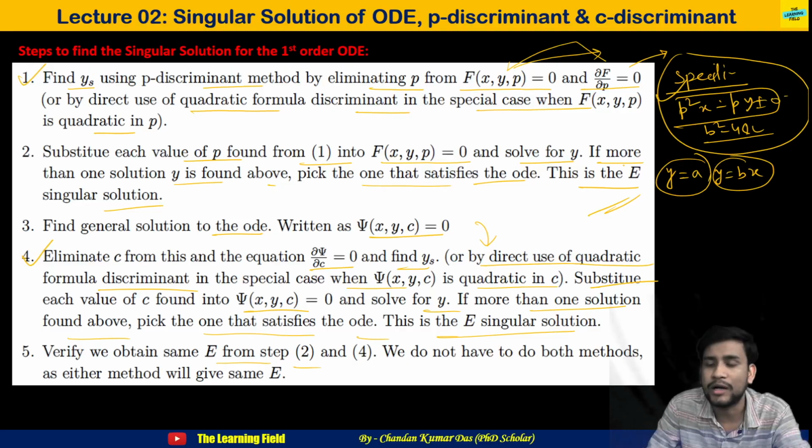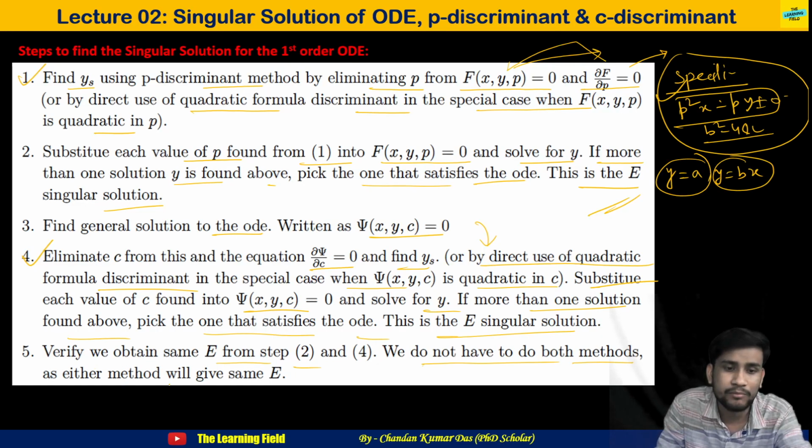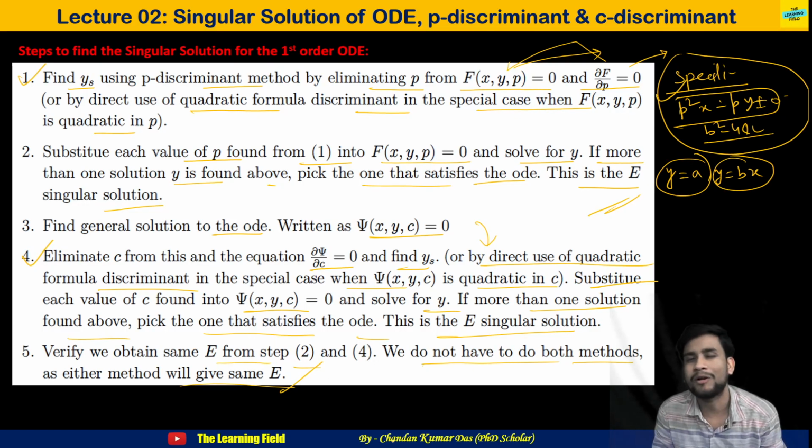So whatever process you apply, whether c-discriminant or p-discriminant, the answer should be the same. Step 5 says we do not have to do both methods, as either method will give the same result. For verification you can apply both methods, but you don't need to.